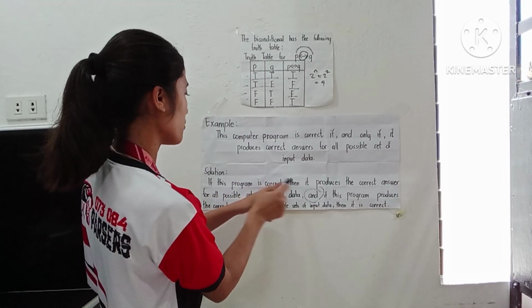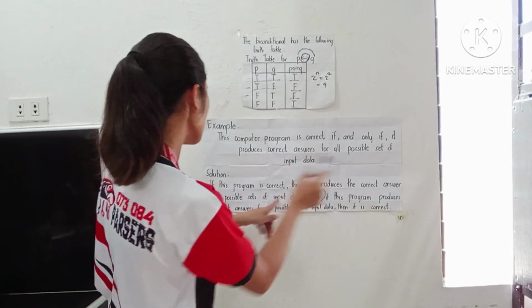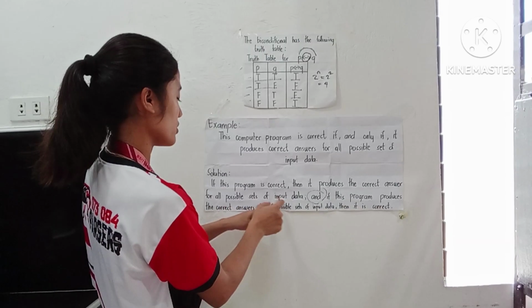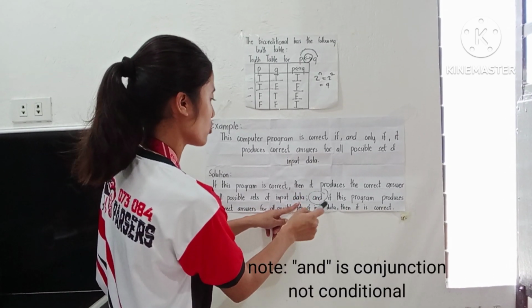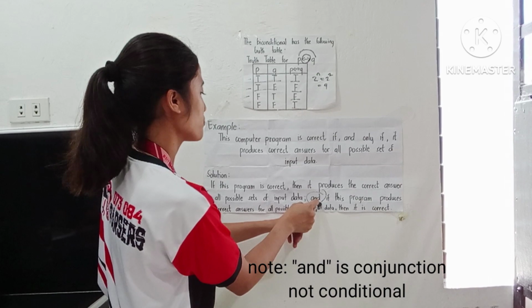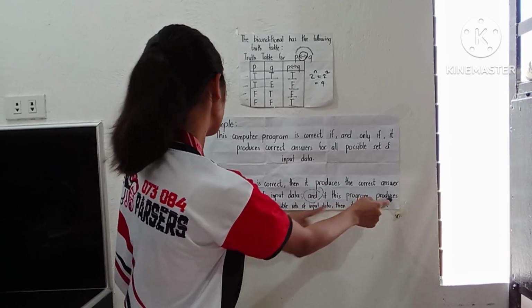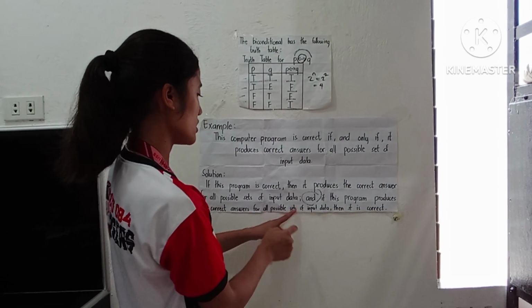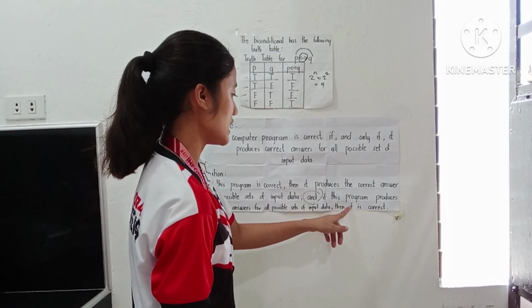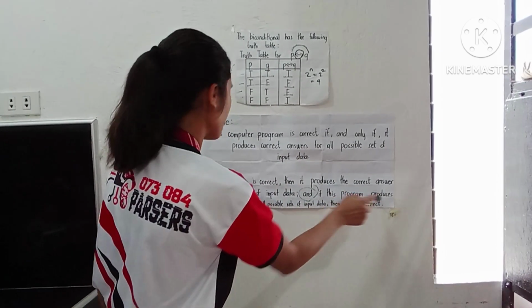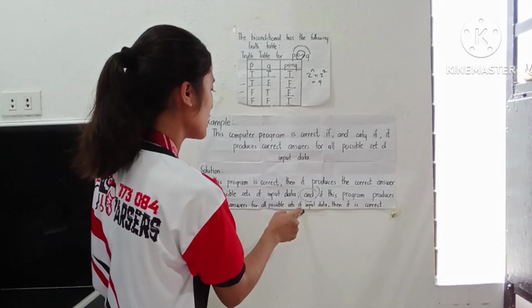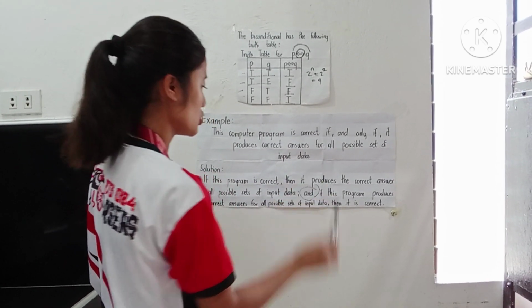So if this program is correct, then it produces the correct answers for all possible sets of input data, and if this program produces the correct answers for all possible sets of input data, then it is correct. So another if then statement here, but we use and, or conjunction.